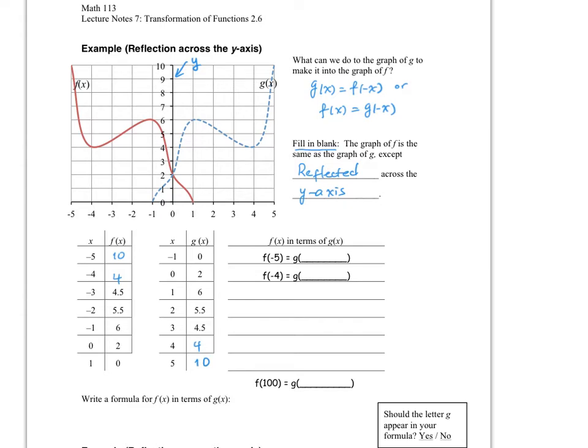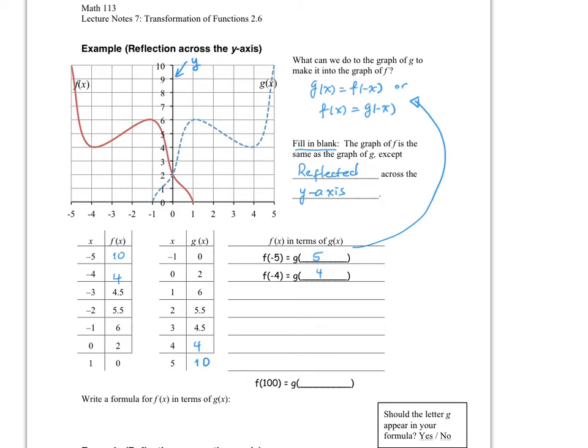So therefore f of negative 5 is the same thing as g of 5, which is exactly what I was telling you right here. And f of negative 4 is the same thing as g of 4. So therefore g of x is the same thing as f of minus x.